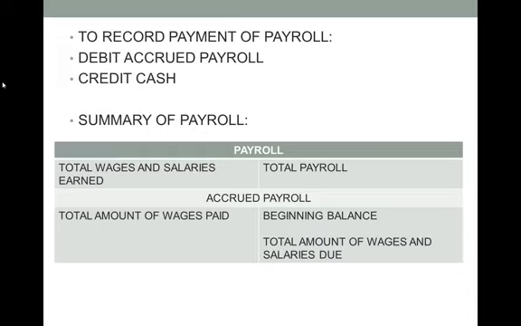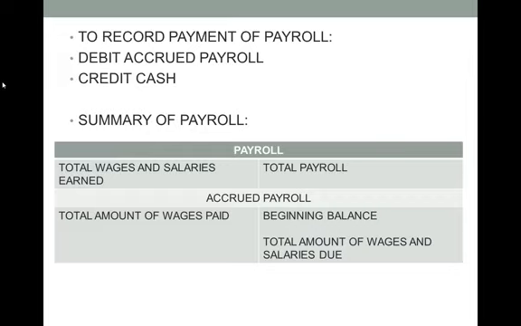And then sa accrued payroll, the debit side, dapat ang makita dyan is yung total amount of wages paid, and then the credit side will be the beginning balance of the accrued payroll, and then total amount of wages and salaries due.